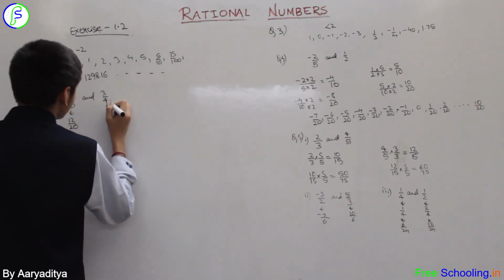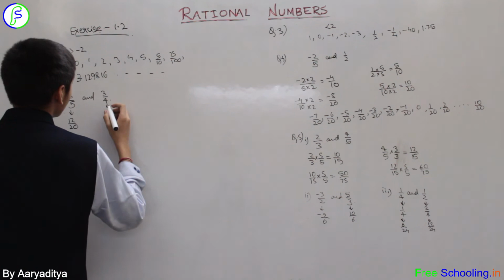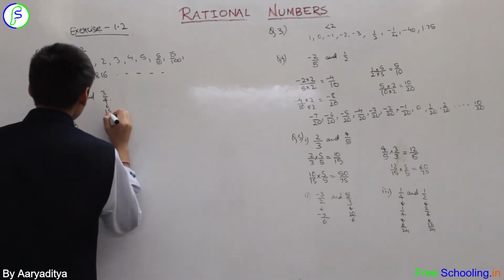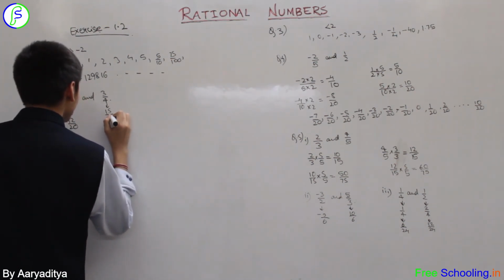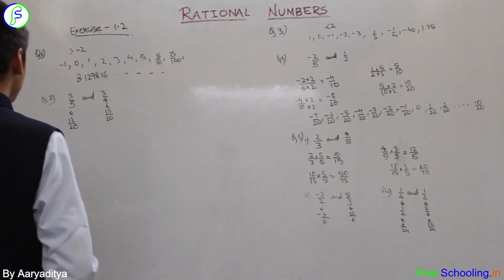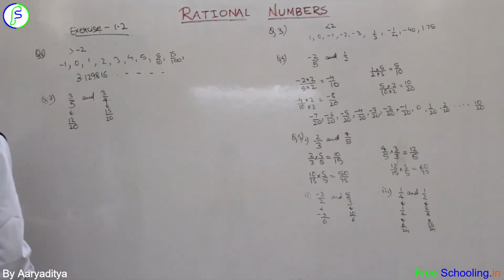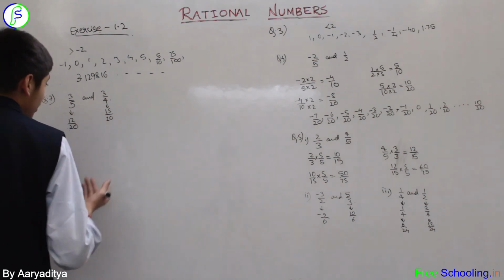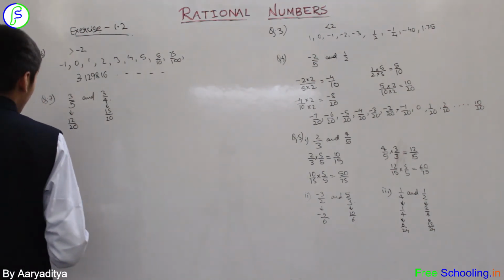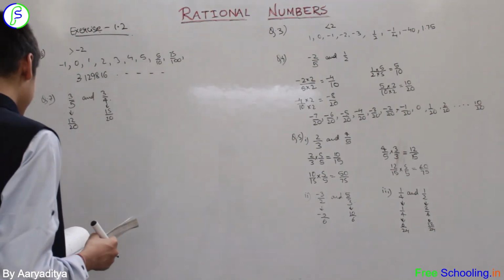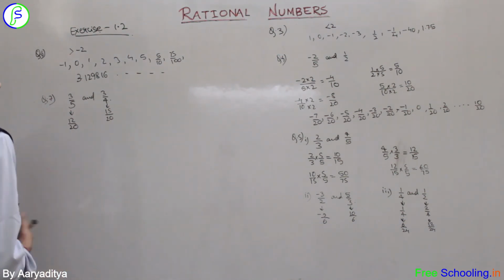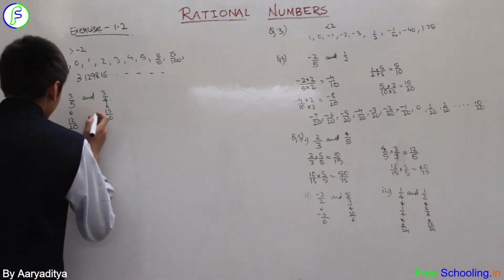And multiplying 5 on both numerator and denominator, I get 15 by 20. And again, I can see that there are not many rational numbers that can be shown with denominator 20, and the question says to find 10, so I would take 10 plus 1, that comes out to be 11, and just multiply.